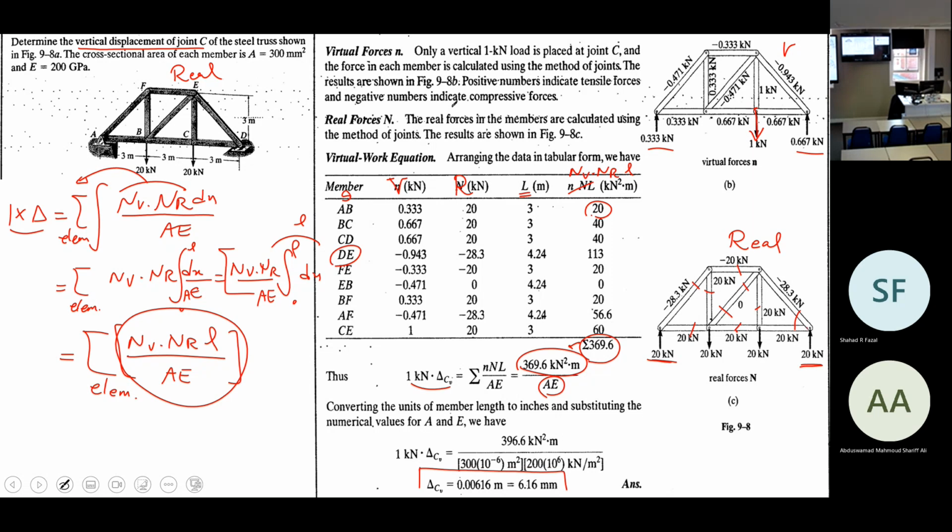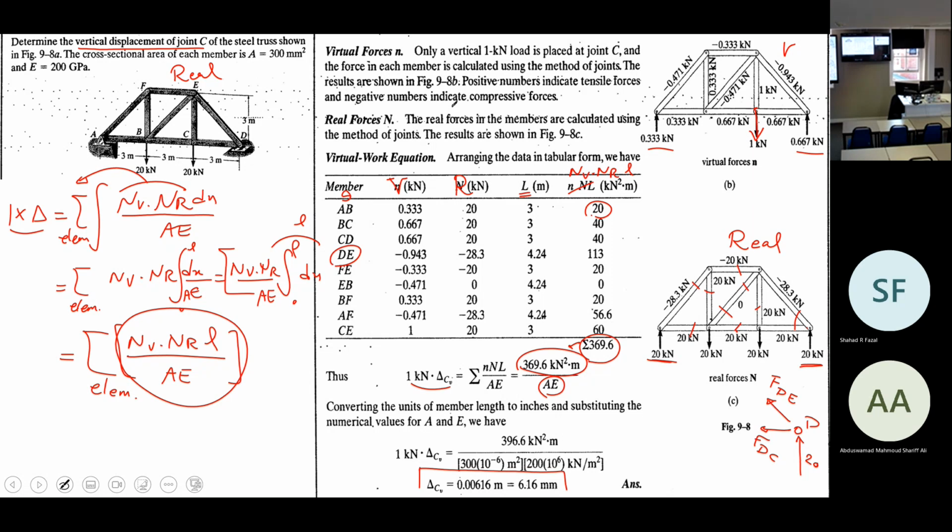I start with this node, which is node D. Node D has a 20 kilonewton load, and there are two forces, F_DE and F_DC. The equilibrium equations should be satisfied for this small section I made.